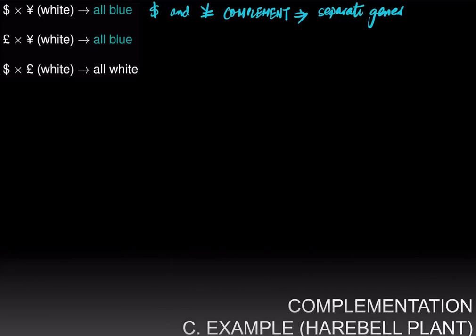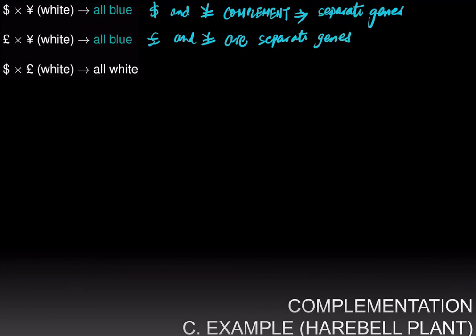When you cross the pound and the yen strains, then we again get all blue or all wild type progeny, and that implies again that pound and yen are separate genes. They complement each other.